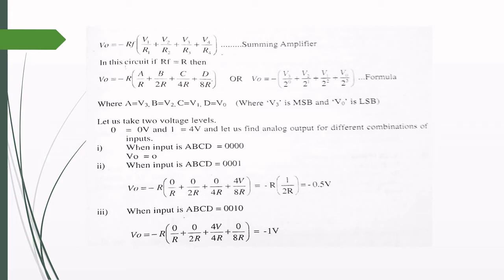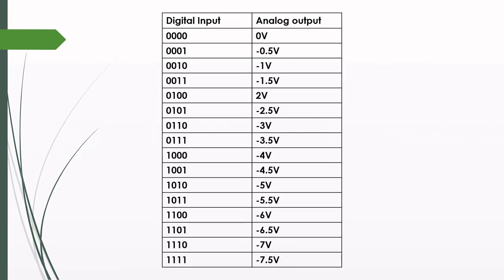So that is equal to minus 0.5 volt. These outputs show that the output voltage of this D2A converter is proportional to its digital input. Now in the next you can see digital inputs and corresponding analog output voltages in this table.